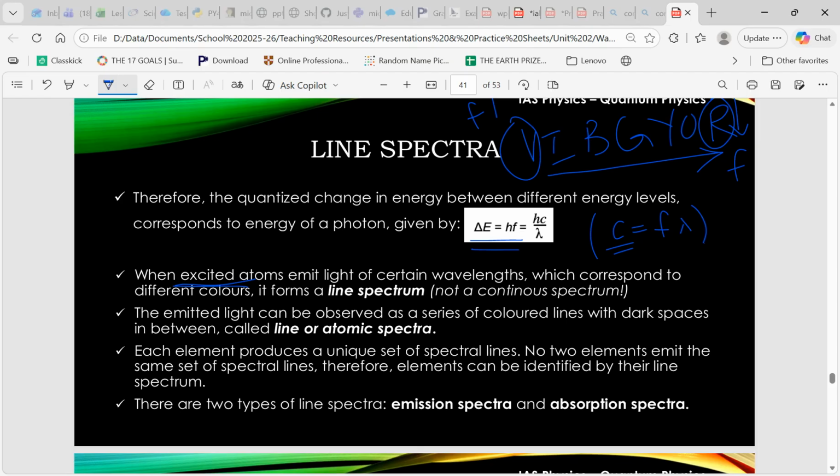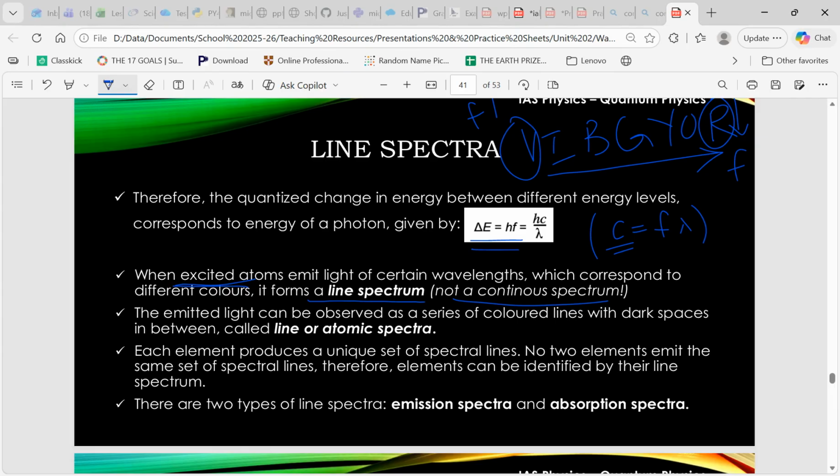And we already said that the photon emitted will always have a specific wavelength. So if an atom has multiple energy levels and there are transitions happening between these energy levels from higher to lower, there will be photons emitted only of specific wavelengths or specific frequencies, so what we get at the output is a line spectrum and not a continuous spectrum. Why?